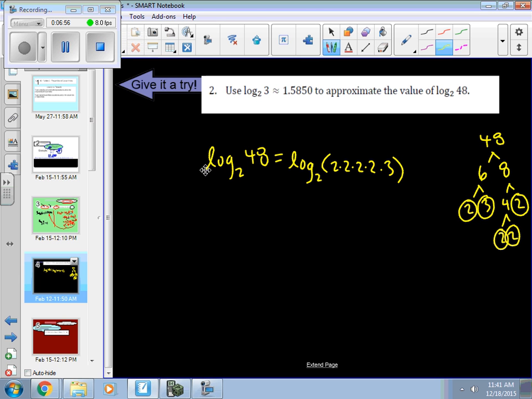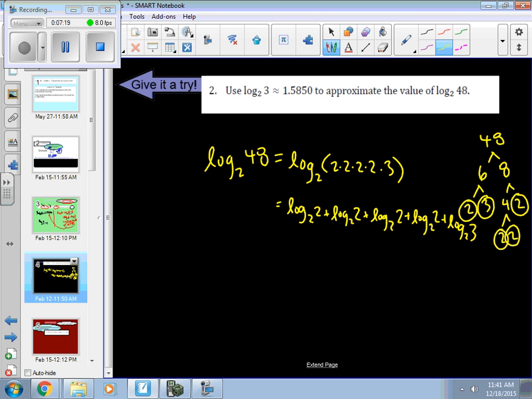So we would have log base 2 of 2 plus log base 2 of 2 plus log base 2 of 2, all these logs here, plus log base 2 of 3.